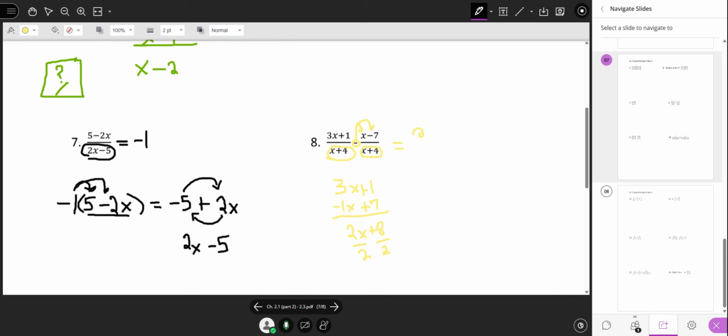So when I pull that 2 out front, that leaves me x plus 4 over x plus 4. Well, how cool is that? Choppa, choppa. My answer is just 2.